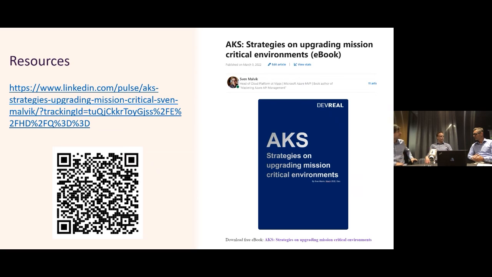We have Bicep code that we use to provision our AKS and everything surrounding it, from the resource group and VNet, public IPs, managed identities. Previously, we have used ARM templates, we have used Pulumi, but last year we dived into Bicep, and it's working really well for us to provision AKS clusters on demand.